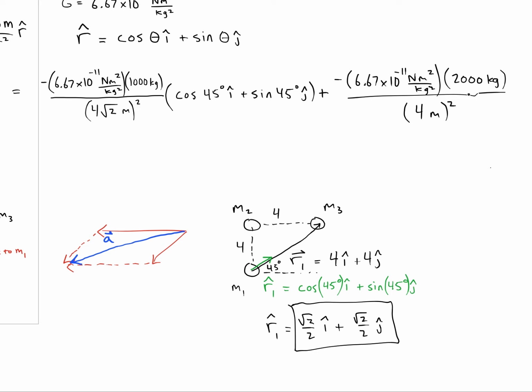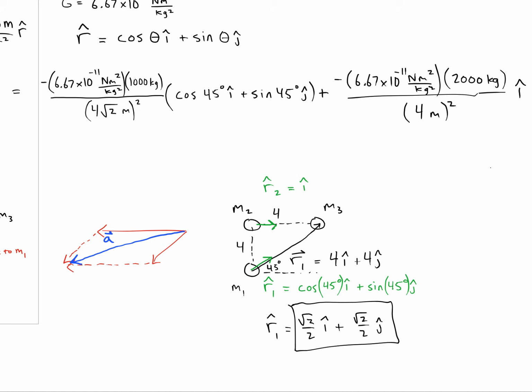Now what about its R hat? Well, that points from M2 toward M3. It's R2 hat, and that one's actually much easier. That one can simply be called I hat, because remember, our hat vector is a unit vector, so it has a length of 1, and I hat has a length of 1 too. And it just points to the right in the positive x direction. So that's super easy. Just put an I hat on there.